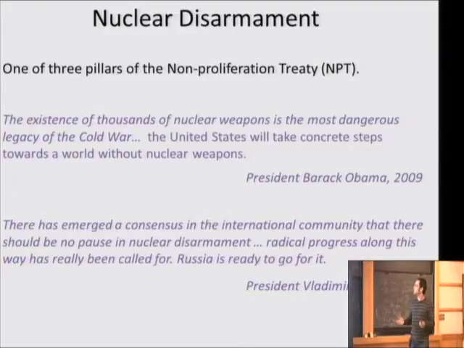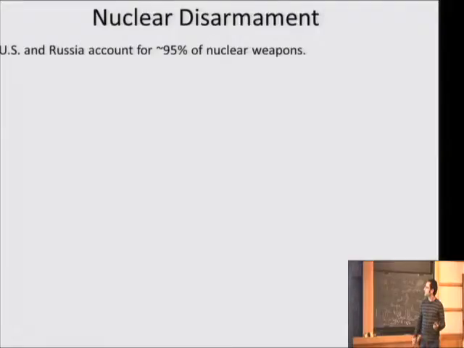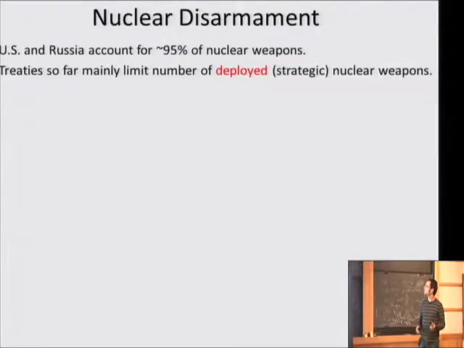Indeed, one of the pillars of non-proliferation is that countries that didn't have nuclear weapons will not acquire them, and the other part is that countries that do have nuclear weapons will work toward nuclear disarmament. And right now, the US and Russia account for about 95% of total nuclear weapons in the world.